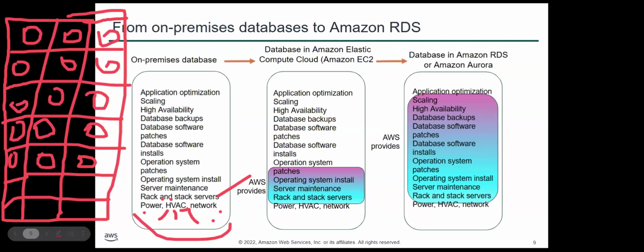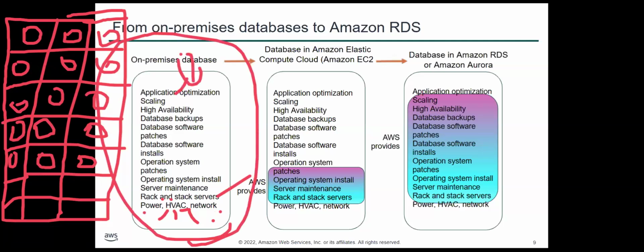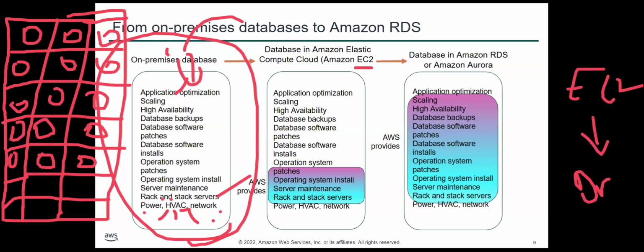Now all these things will be managed by you if you are taking an on-premises database. Now we move to EC2: we take one of the EC2 servers and use it as a database server.